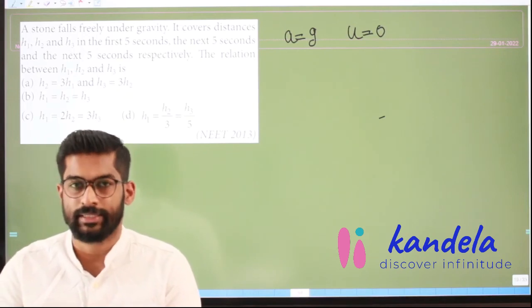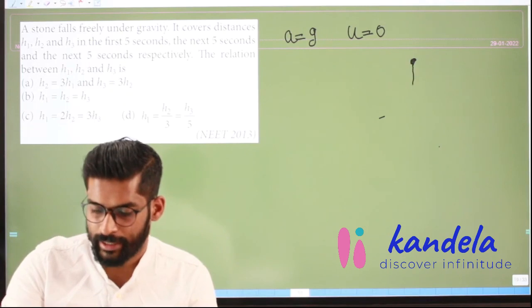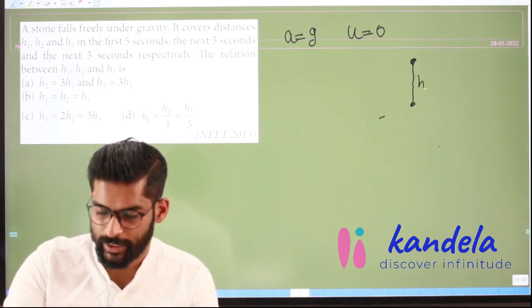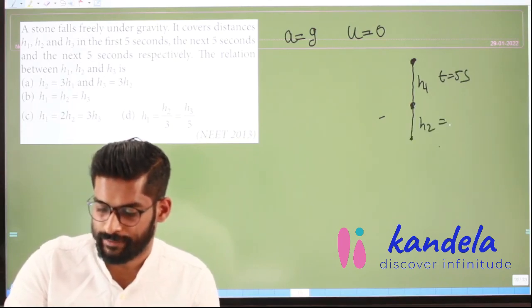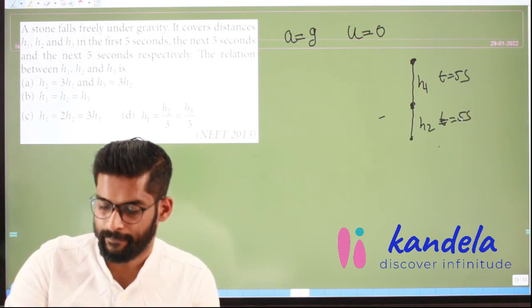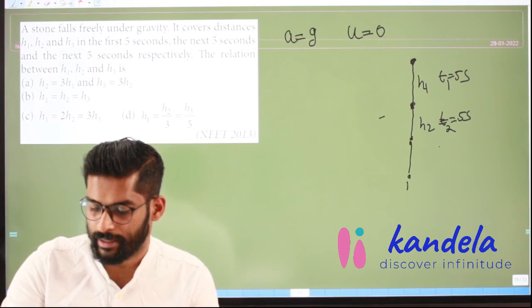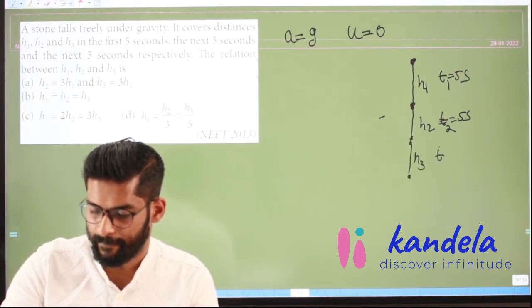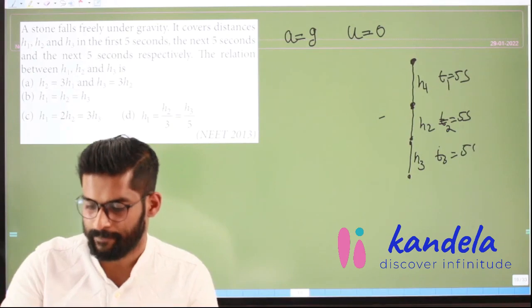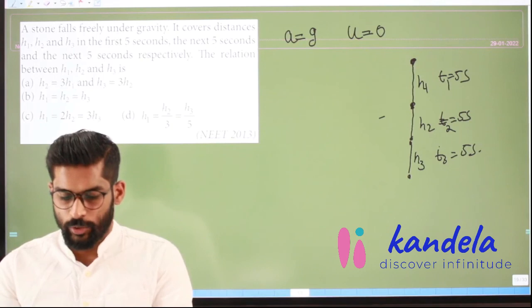Let's say it starts from here and covers a distance h1 in the first 5 seconds, h2 distance in the next 5 seconds, and h3 distance in the next 5 seconds.